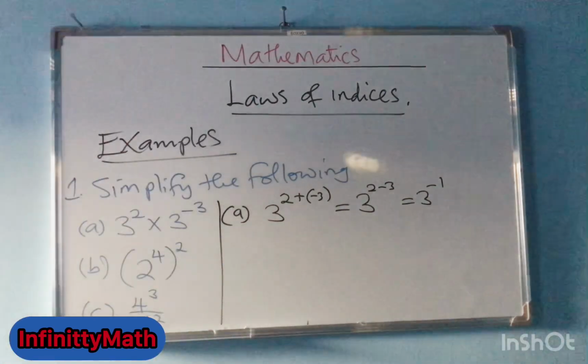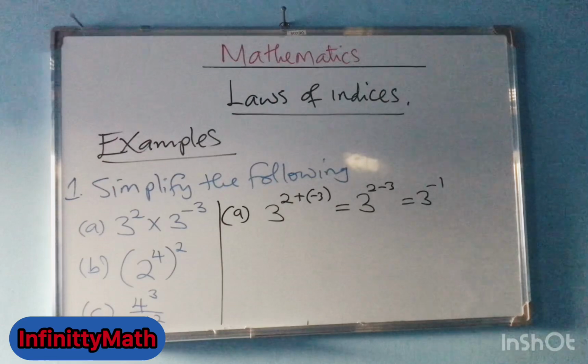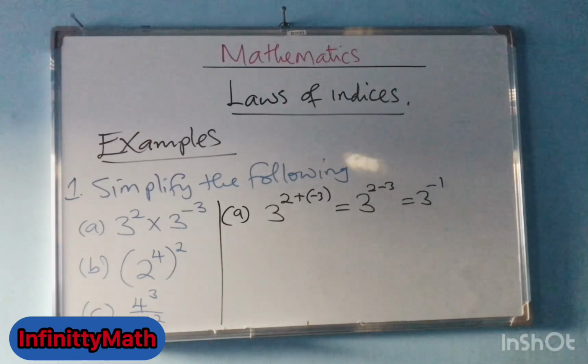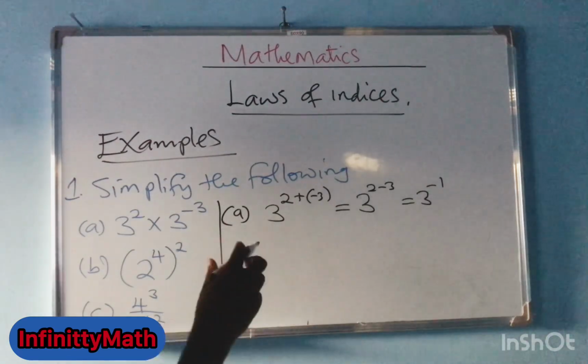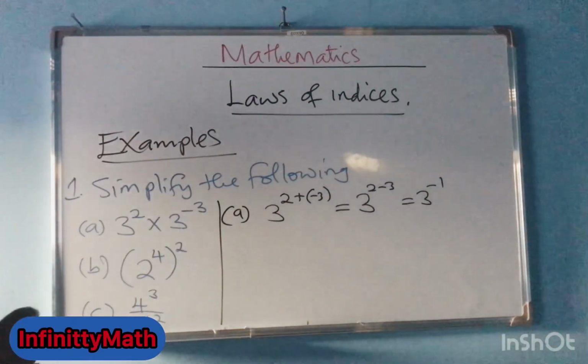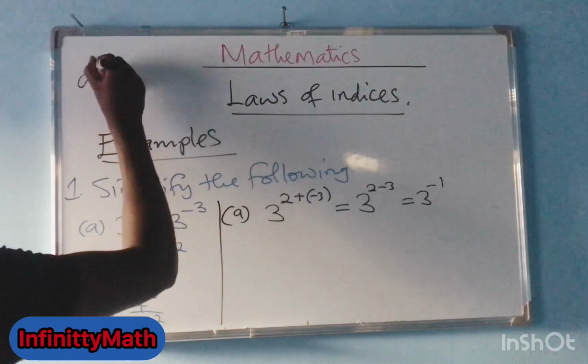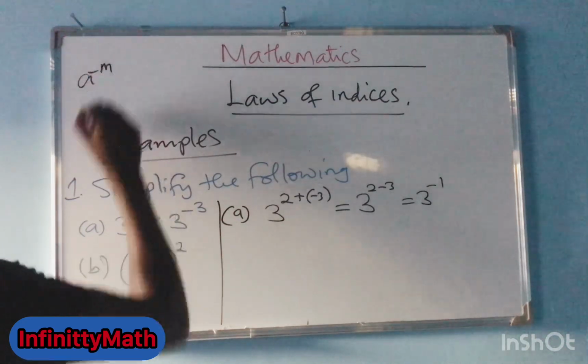Now, if you have 3 raised to the power minus 1, or raised to the index negative 1, this is where you use that concept that we learned, where you have a base raised to a negative exponent.